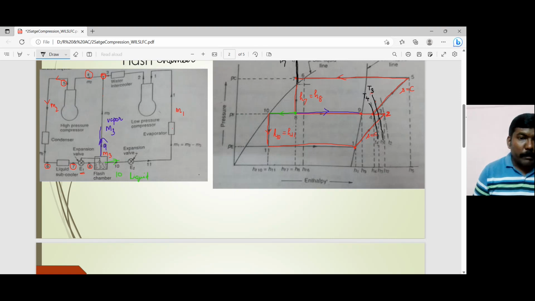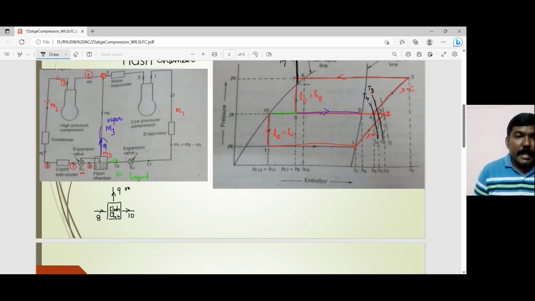One is the flash chamber. So if I take the flash chamber, I have a condition, say 8, that is entering in, and I have a condition that is 10, which is leaving, and I have another condition which is 9, which is also leaving.